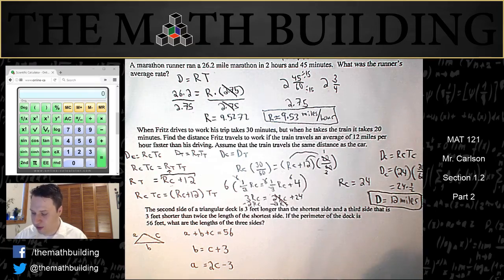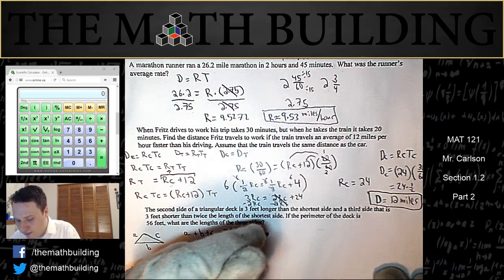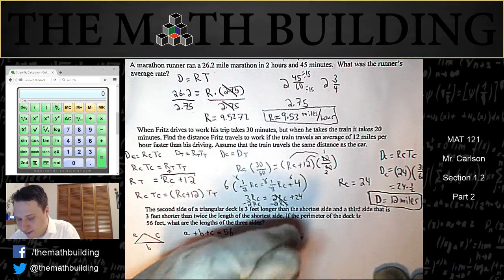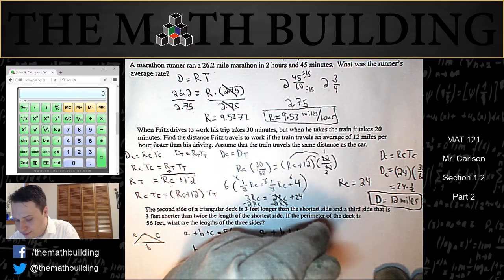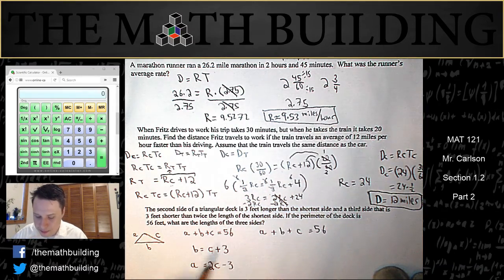So now we have all the information we need, and you'll notice that I have C everywhere. I have a C here, I have B in terms of C, and A in terms of C. So I want to substitute into this top equation. Let me rewrite it. A plus B plus C equals 56. Let's start with A. A equals 2C minus 3.